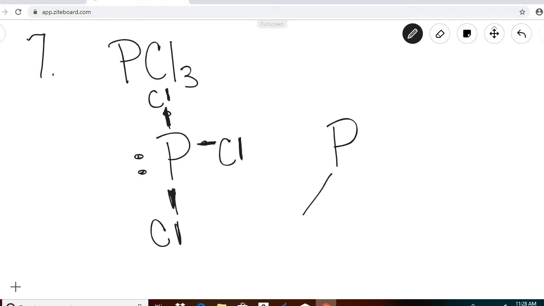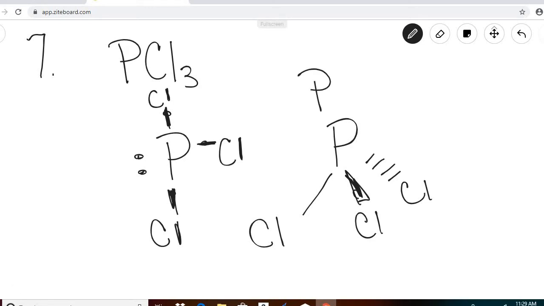A pyramid would be like this, a triangle showing that it goes forward, and then to show that there's one going back. So in a pyramid, you would not have one on the top. So this is a pyramid. Okay, that's number 7.